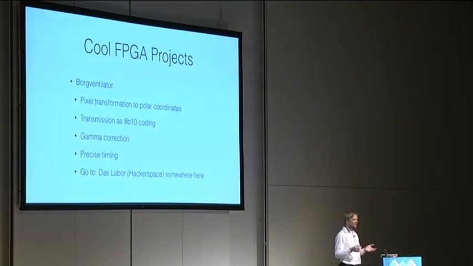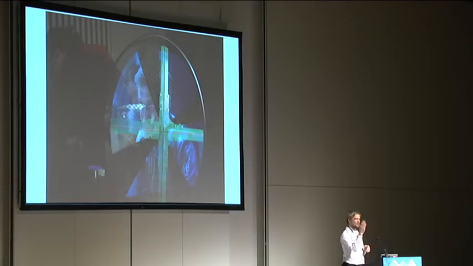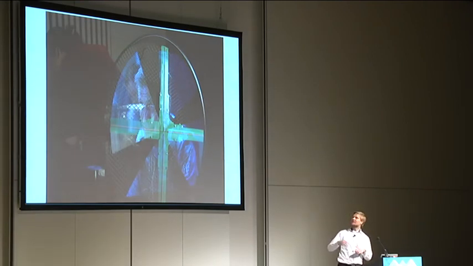What the FPGA is doing is, for example, a pixel transformation to polar coordinates. It's also doing some gamma correction, and obviously it needs to do some very precise timing so that the video is not jittering around, but is always showing at the same position.